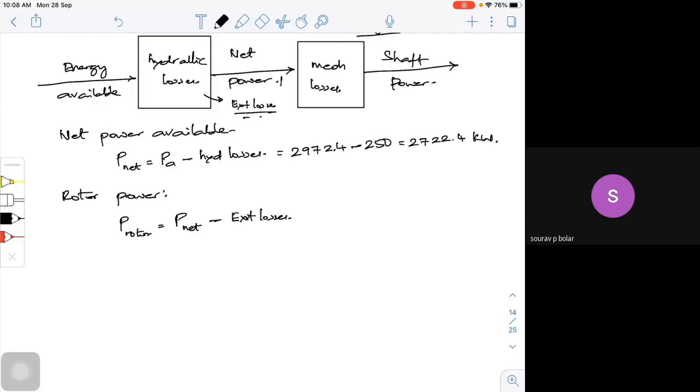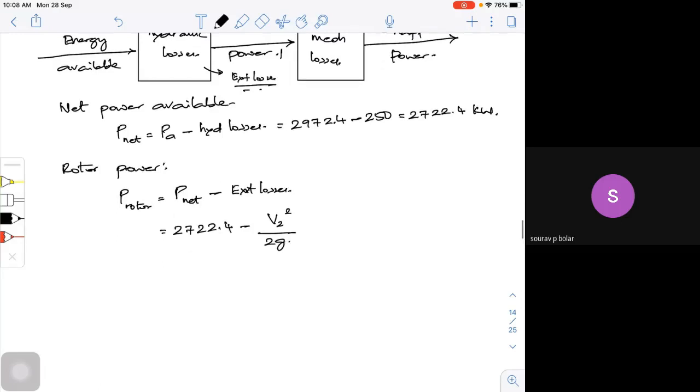It means that your net power, which is 2722.4 minus V2 square by 2G, is your losses. This is actually P net minus your kinetic energy, because ideally speaking this number should be 0, because I have to completely convert your kinetic energy. So that particular thing is V2 square by 2G.